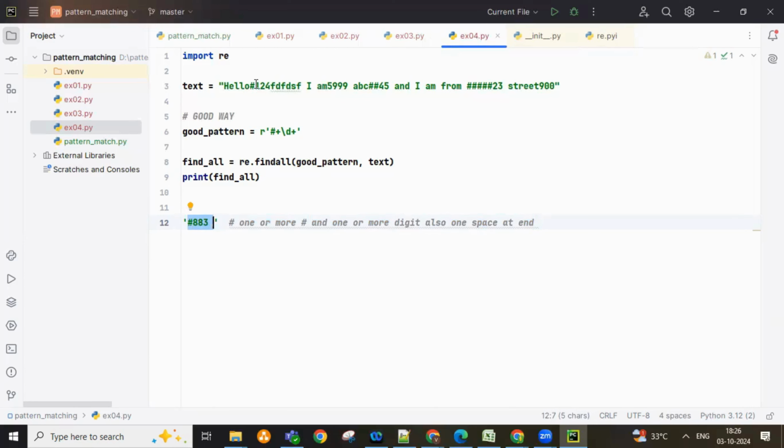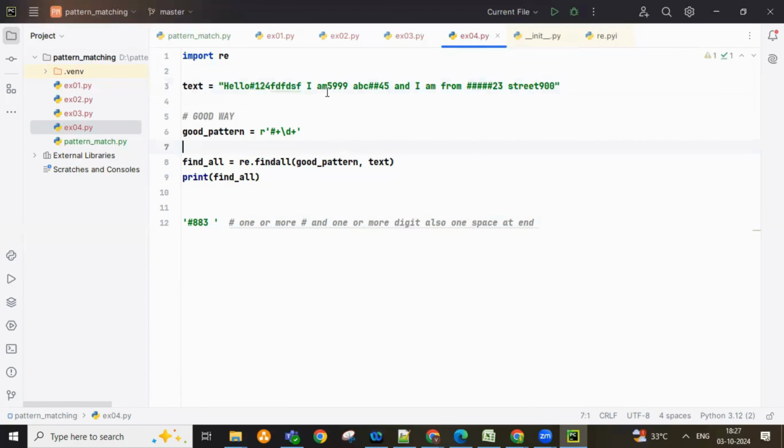So here, who can tell me whether this is matched or not? Not matched. This also is not matched, because it does not have a hash prefix. And in this one, space is missing.